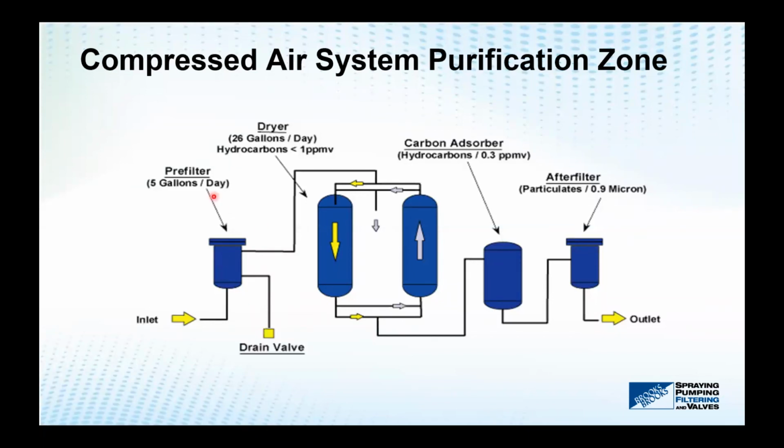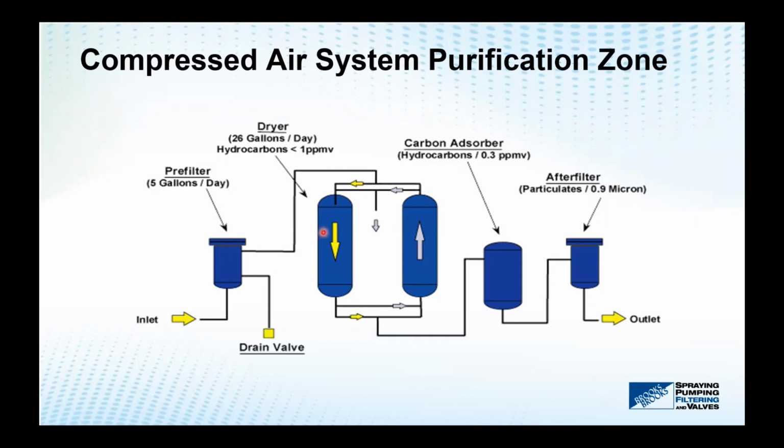The better we can filter those aerosols out, specifically if they're oil, the longer life you have on the desiccant. The better we can remove aerosols from the system prior to a refrigerant dryer, the less fouling there is on the heat exchangers. So it's always critical to have a good coalescing filter, just to improve the efficiency of the purification system.